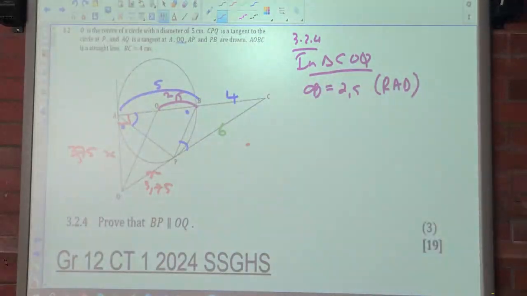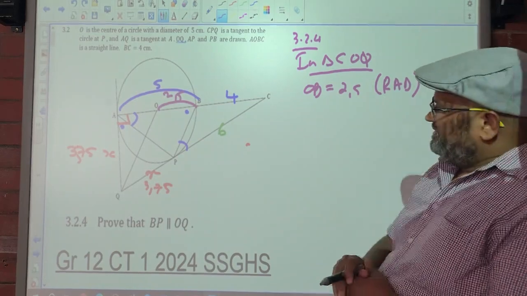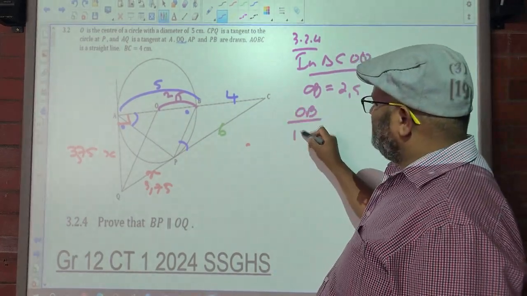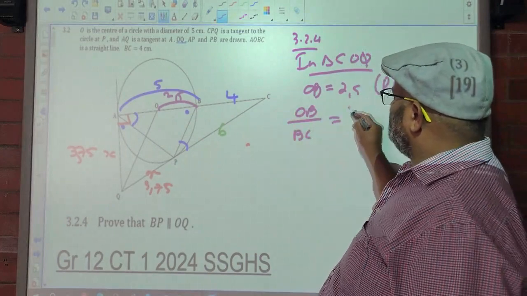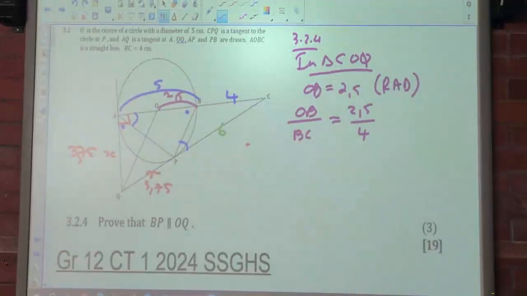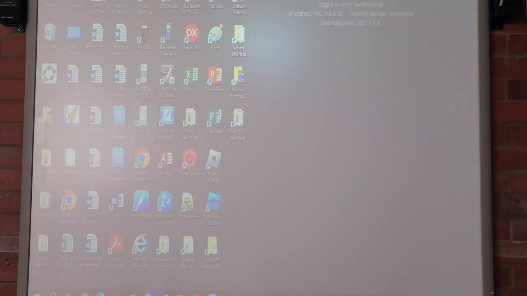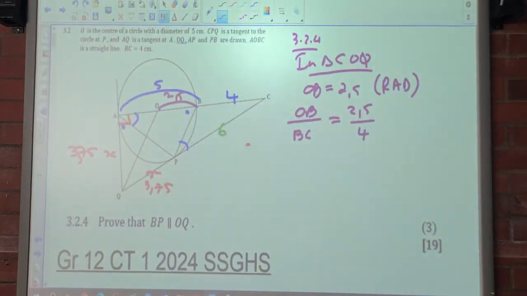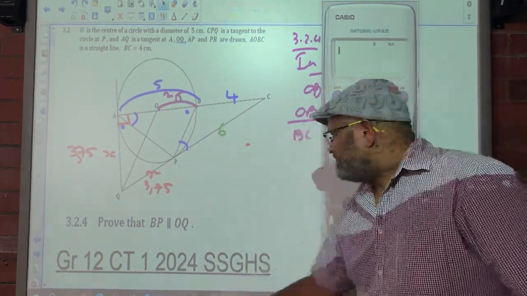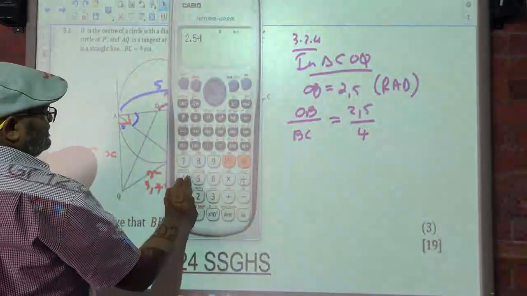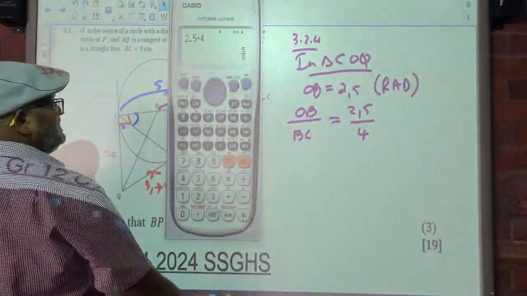Diameter is half your radius. So, what is OB over BC? OB is 2.5 divided by BC, which is 4. Over 4 gives us 5 over 8. Yes?